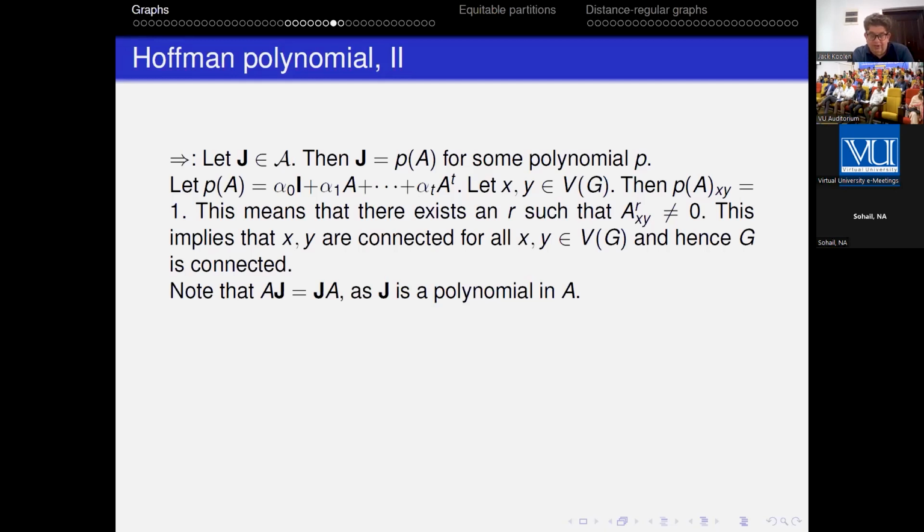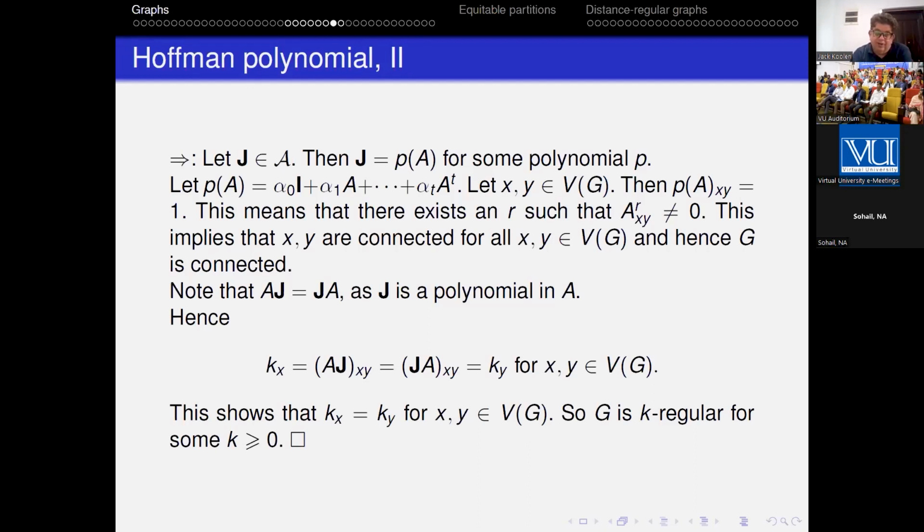Another observation is that if I multiply A, K on the left hand side or the right hand side, that doesn't make a difference because K is a polynomial in A, yes? It makes no difference whether I write it on the left or the right. You get the same polynomial in the end, yes?